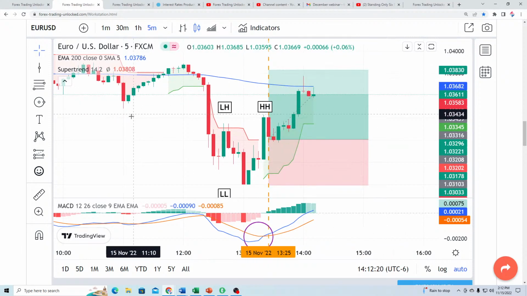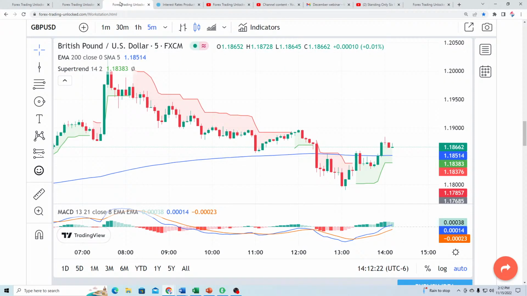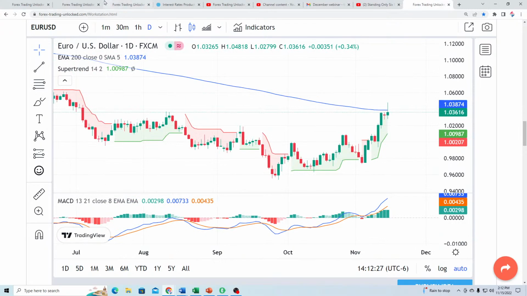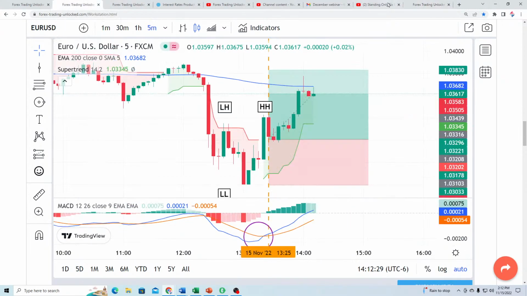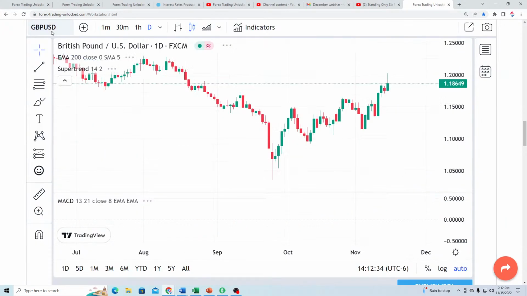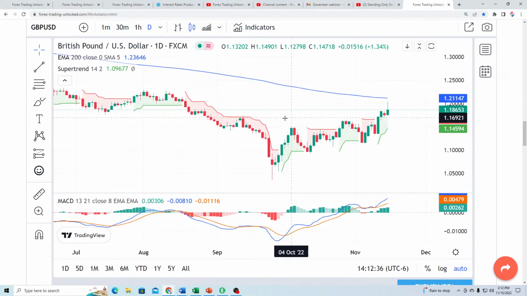So now, just to show you that this also works in other markets, we're going to show you how it works in the British pound. Let's just use this chart right here since we already have it set up. So real quick before we end this video, we have the same situation here where in the British pound, we have the moving average crossover.